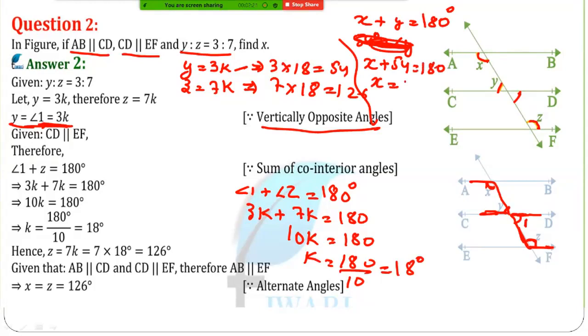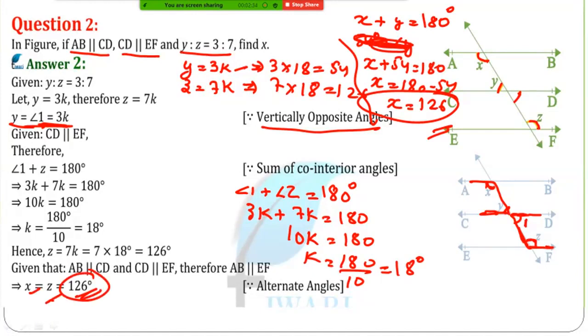So the value of X is 180 minus 54. So the value of X becomes 126. So you will obtain the value of X is equal to the value of this Z, that is 126, and the value of Y is equal to 54 degrees. So this is the required result.